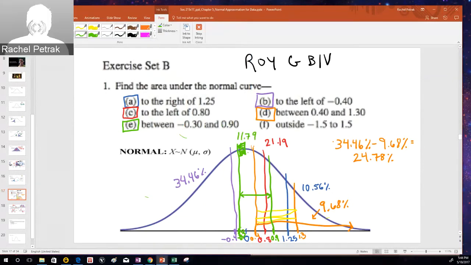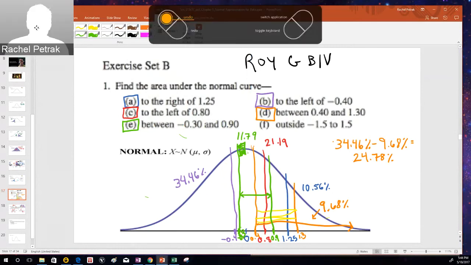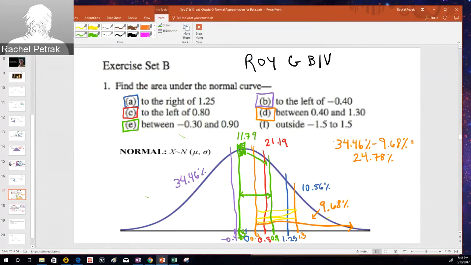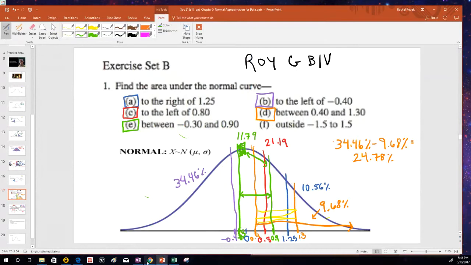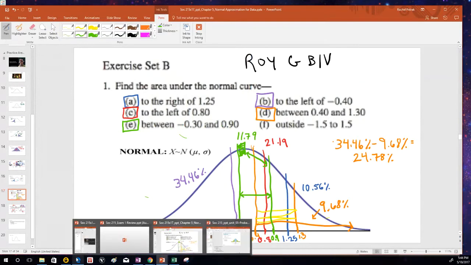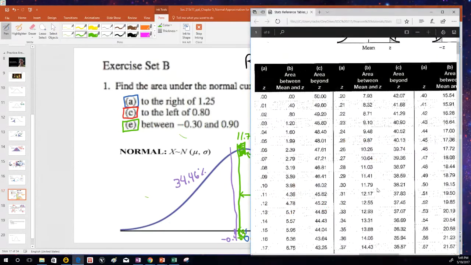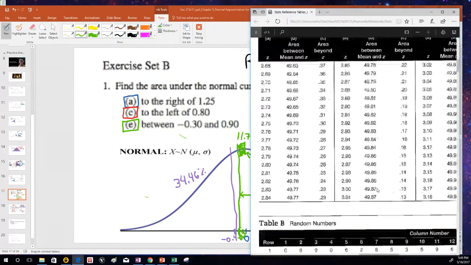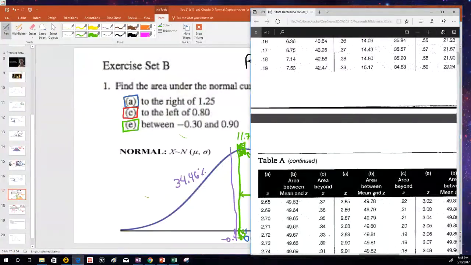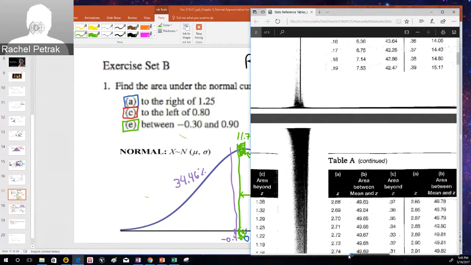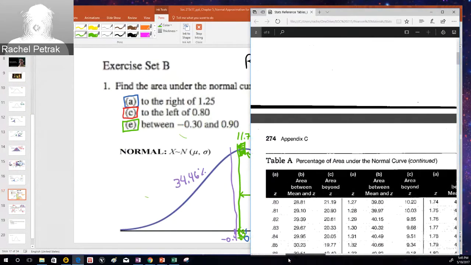And then we'll get the other proportion here, from the mean to a z-score of 0.9. And I'll go to a z-score of 0.9.